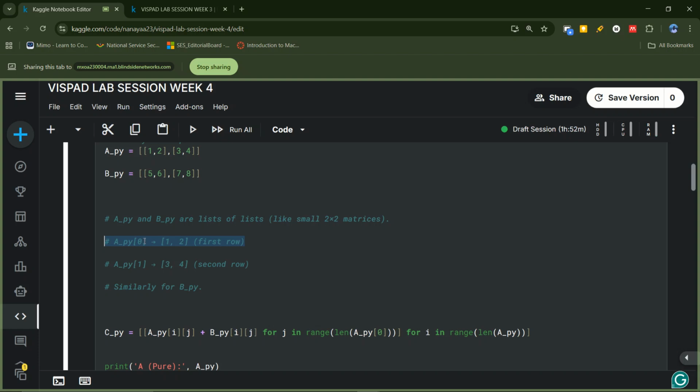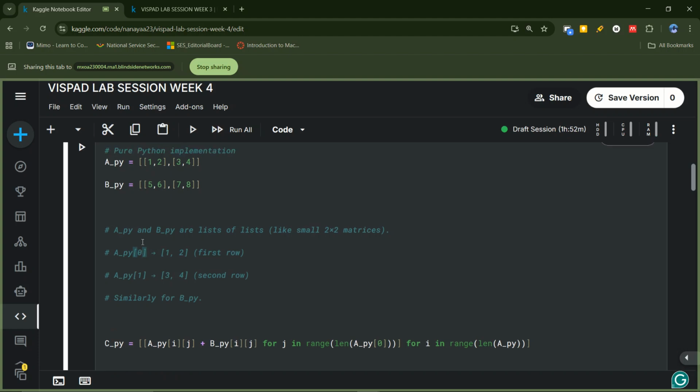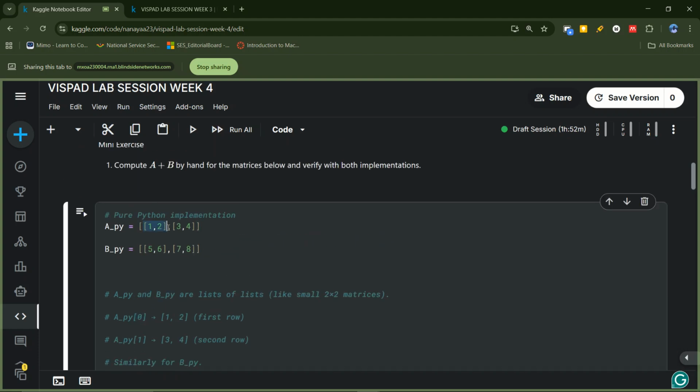So the 0 over here is the index position, and this is position 0. If it was a vector, all of this wouldn't have been a list. It would have been something like this, just 2, and this would have been just 1. But this is a matrix, so that's what makes it different.